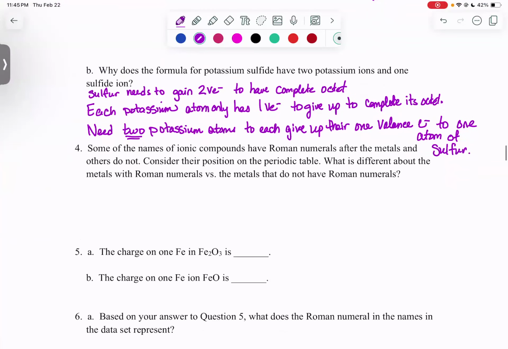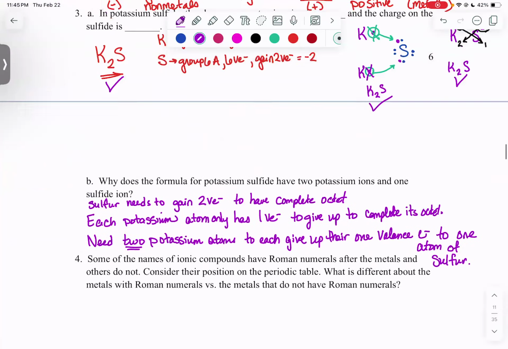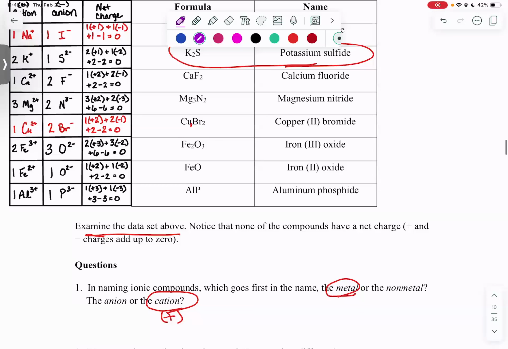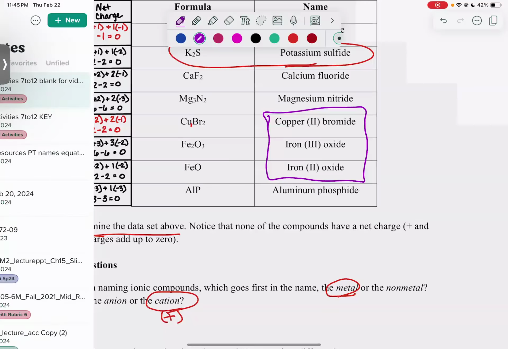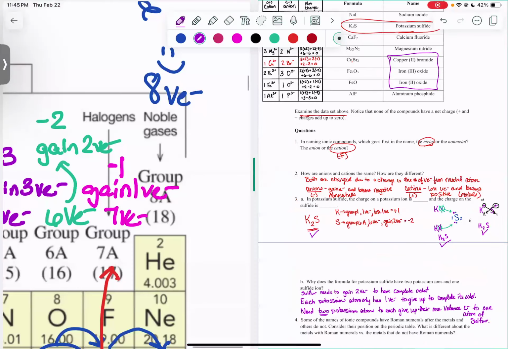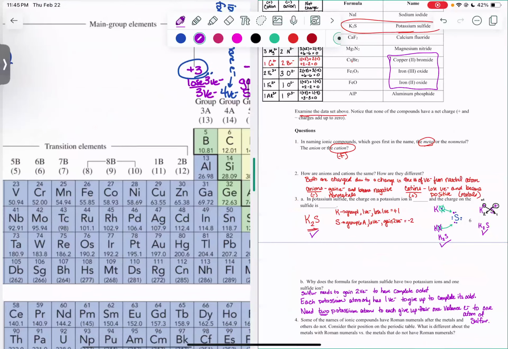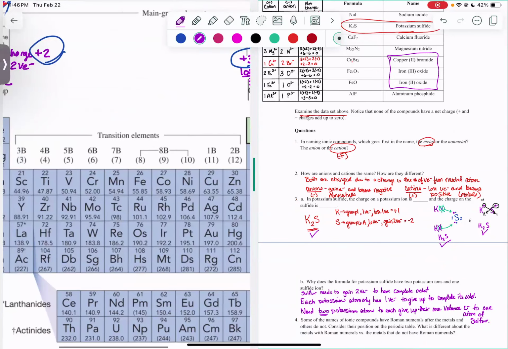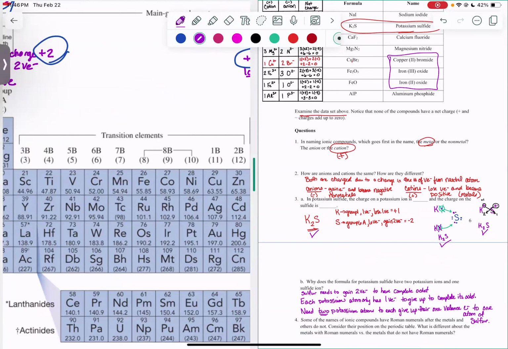Okay. All right, some of the names of ionic compounds have Roman numerals after the metals and others do not. Consider their position on the periodic table. What's the difference about metals with Roman numerals versus metals that do not have Roman numerals? So if we come up here and we see these, copper, iron, what do they have in common? So if we look on the periodic table, we see that we have copper.